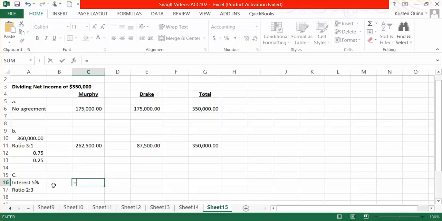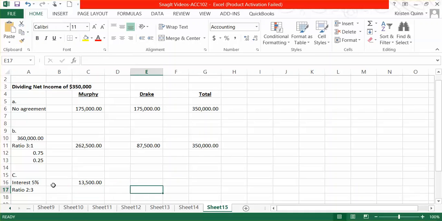So for Murphy, she originally invested $270,000, and we are going to give her an interest of 5%. For Drake, she invested $90,000 and also will get an interest of 5%.